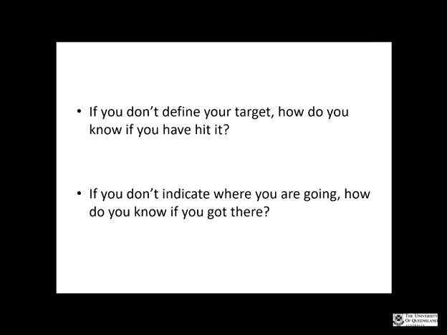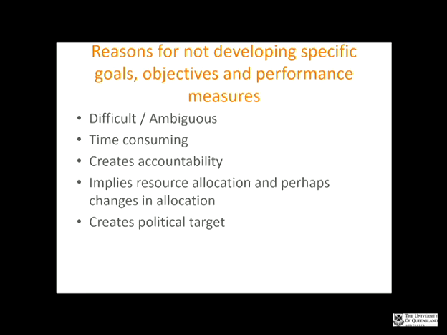And if you don't indicate where you're going, how do you know if you got there? As I was saying, it's difficult. It takes time to set these objectives, but more importantly, it implies accountability in resources, decision making, and it can polarise the politics when people say exactly what they're going to do.